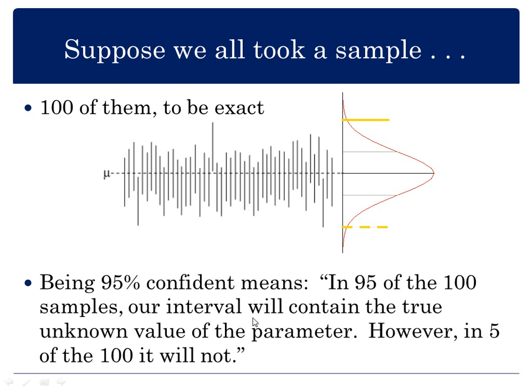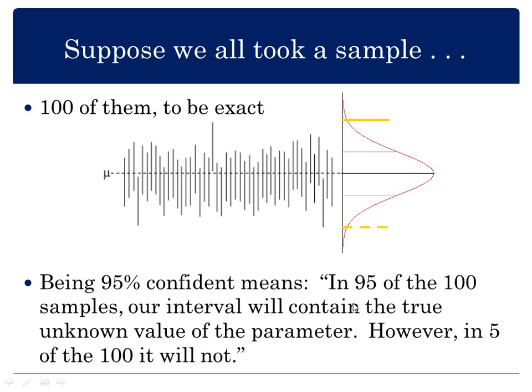So being 95% confident means in 95 out of the 100 samples, our interval contains the true unknown value of the parameter. However, in 5 of the 100, it doesn't.